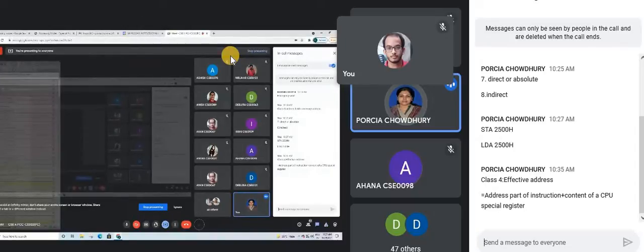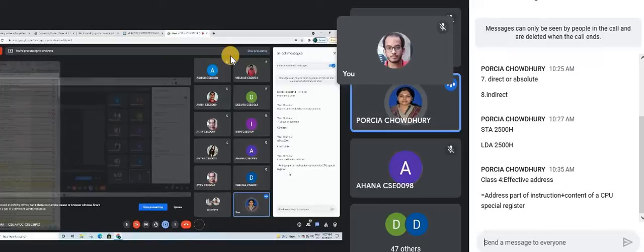That special register can be anything. Regarding the content of the CPU special register, it is basically categorized, so in every category, this part will change. That's the content of a CPU special register. So in class 4, basically the address field doesn't contain an effective address.